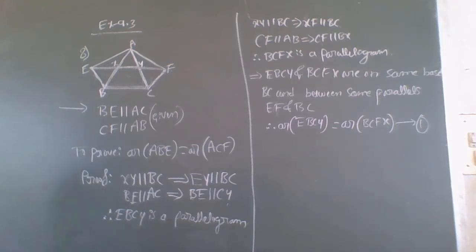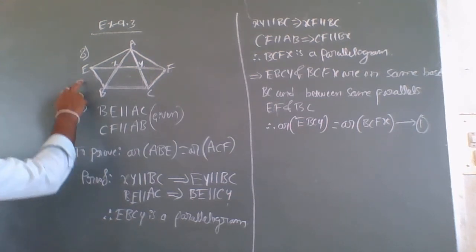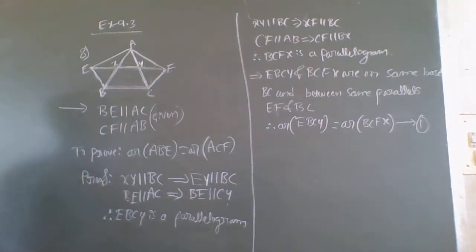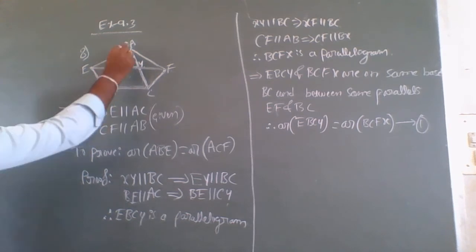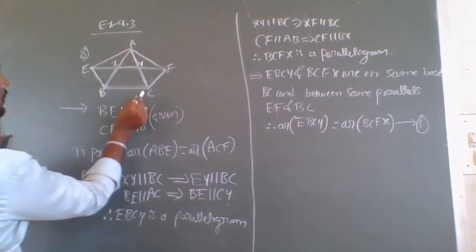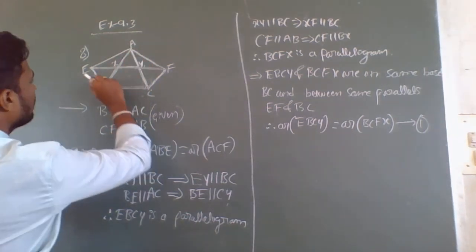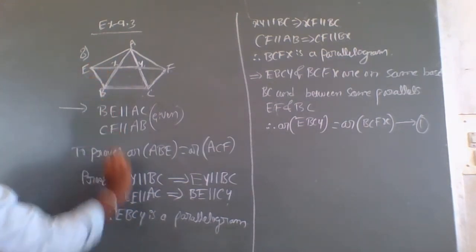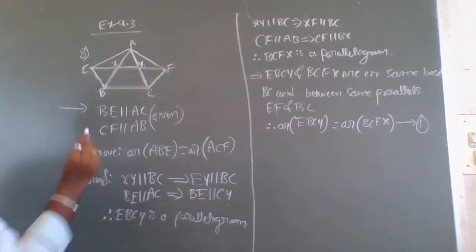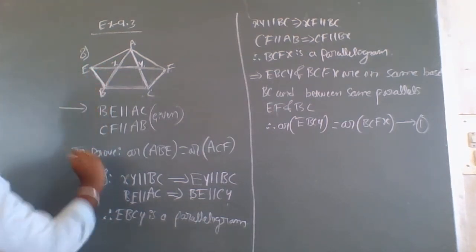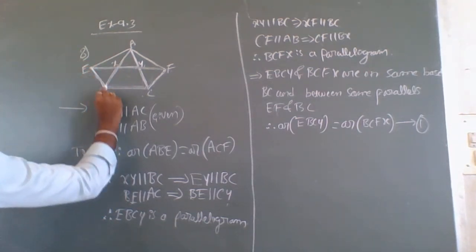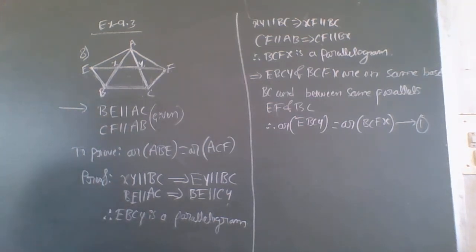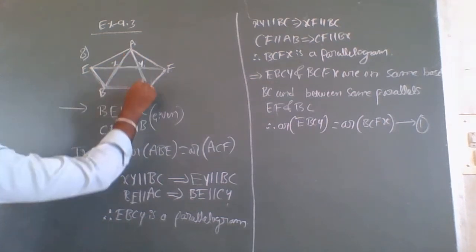So now I will consider parallelogram EBCY and triangle ABE. You can see here this parallelogram and this triangle are on the same base BE and between the same parallels BE and AC.